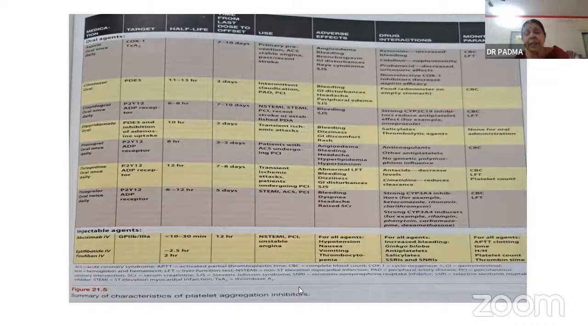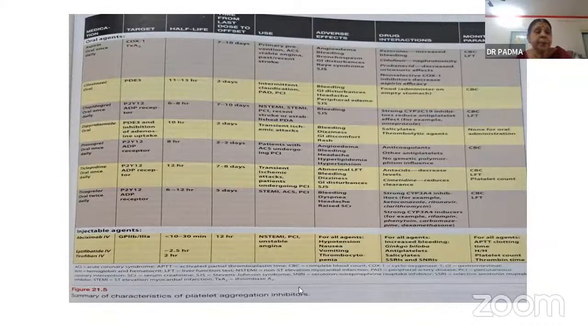Then probenecid, where there is decreased uricosuric effect, and non-selective COX-1 inhibitors decrease aspirin efficacy when used alone. So we have to look at the CBC as well as LFT whenever we are using aspirin continuously, and most of these drugs are lifelong drugs.